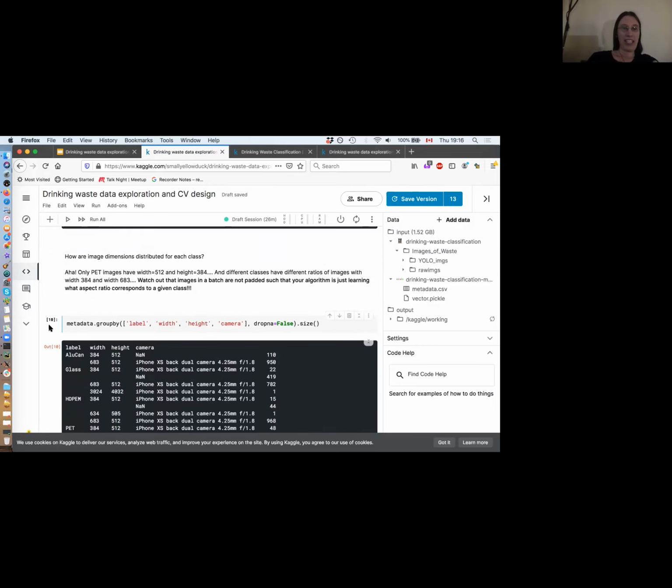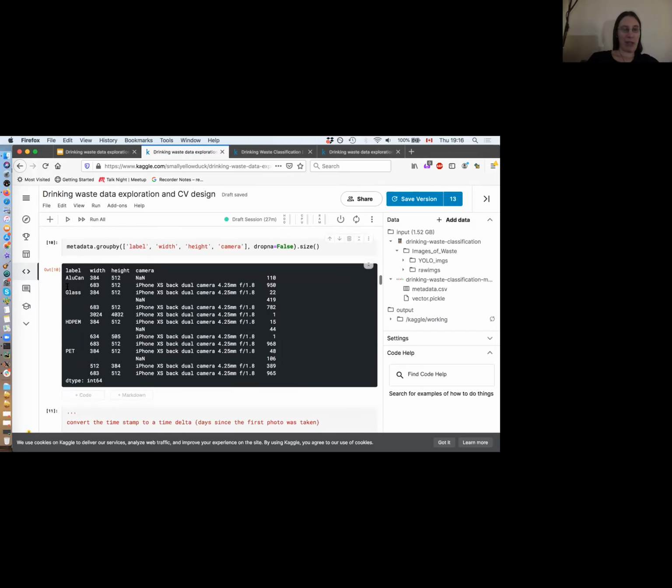We can also look at just how the image height and width are distributed for each class. So here I've broken it down: aluminum can with height 384 and width 306 or 683, and then all of the NaN cameras have width 384, and all of the iPhone images have width 363. So you can already tell just from the camera and the aspect ratio what object is going to be in the picture.